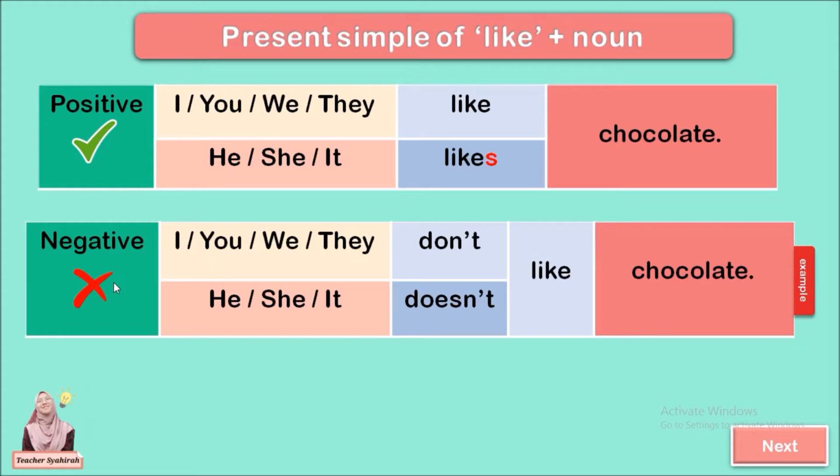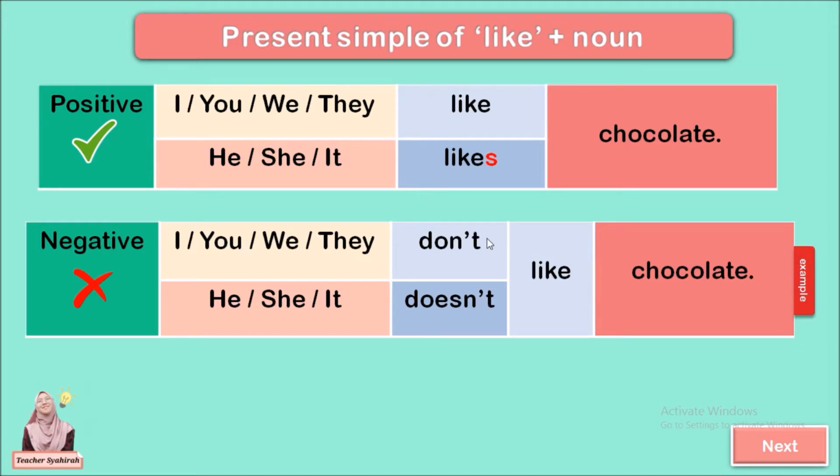Now let's look at the negatives. Kalau tadi positive tu suka, negative is tak suka. So read with me. I don't like chocolate. You don't like chocolate. We don't like chocolate. They don't like chocolate. Okay, for I, you, we, they, we use don't.